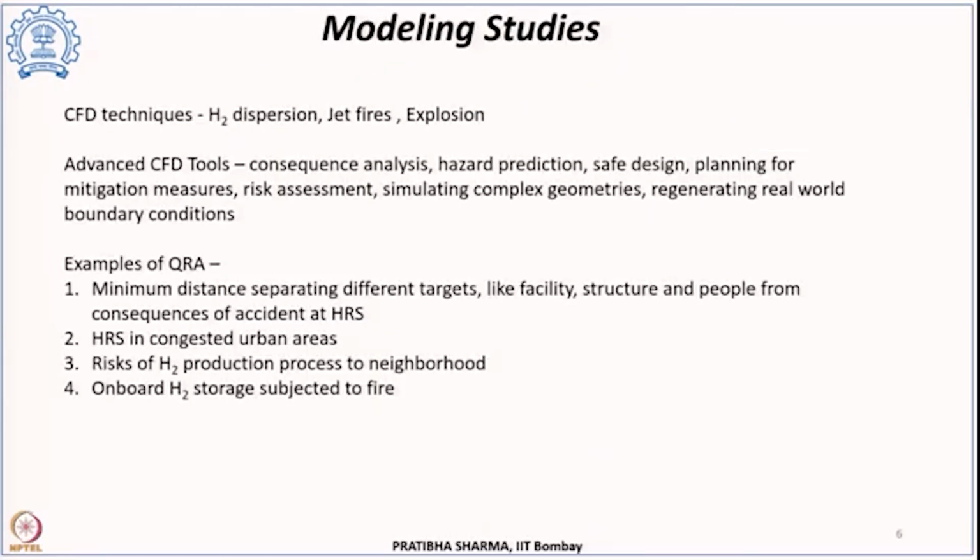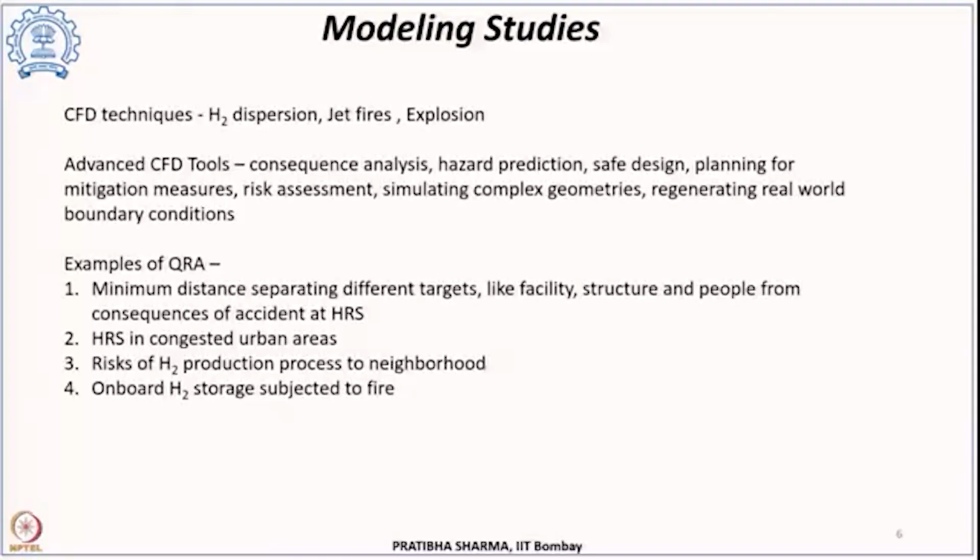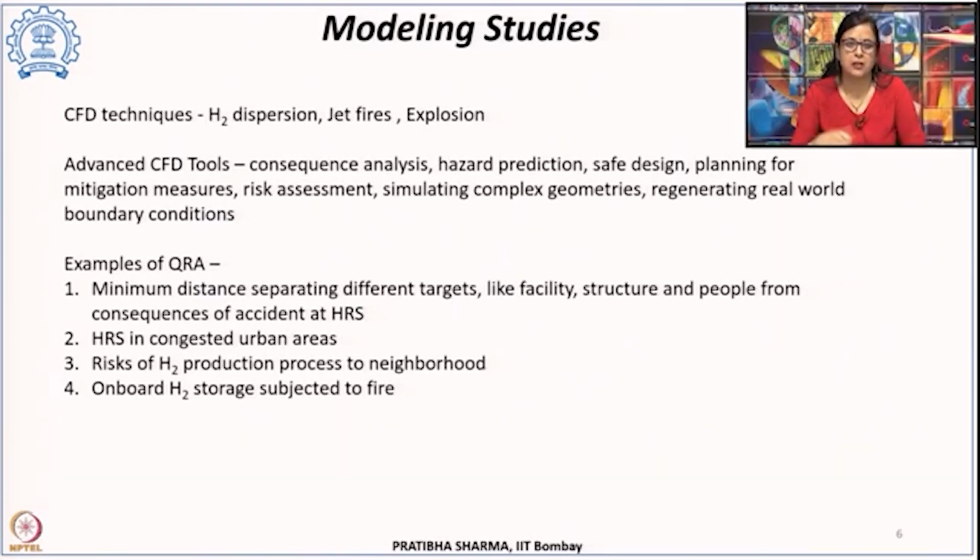Now recently there have been different techniques used to model the different hazardous situations, like CFD techniques which are used to understand how the hydrogen will diffuse if there is a release of hydrogen, how the jet fires can cause the loss of property or damage to the structures, how an explosion can be hazardous and what could be the consequences.